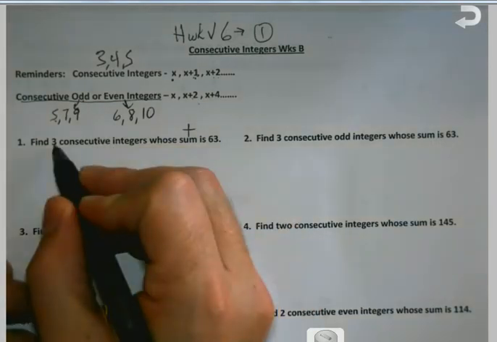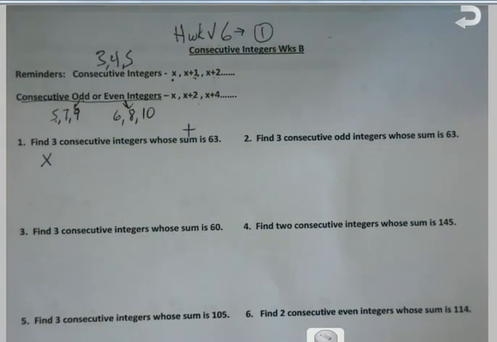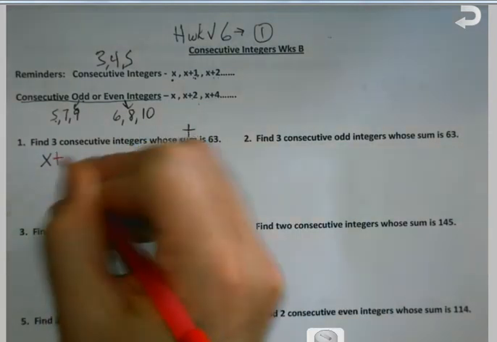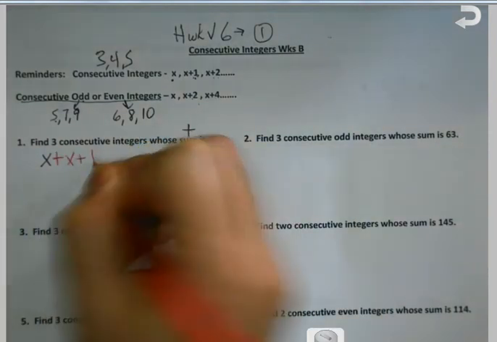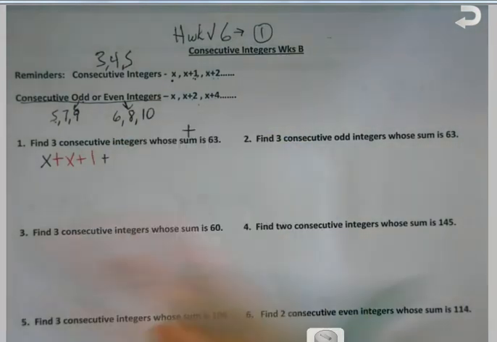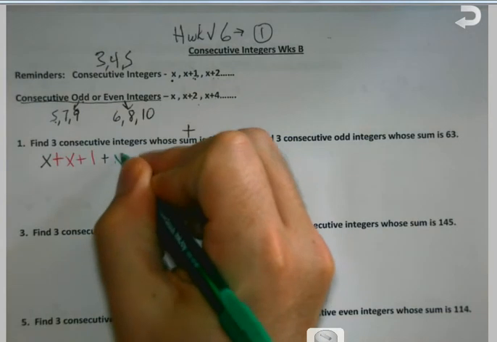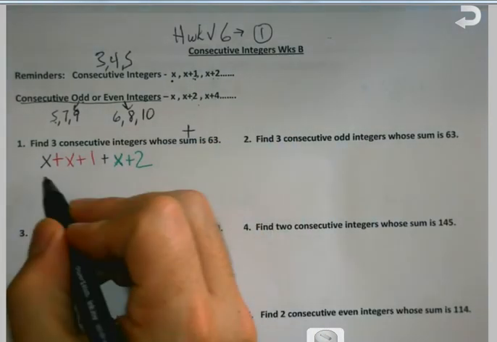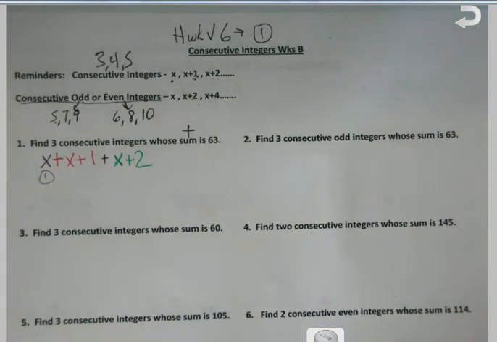So if I need 3 of them, my first one would be x. Then my next one would be x plus 1. And I'll change colors to make that a little clearer. And then my last one would be x plus 2.